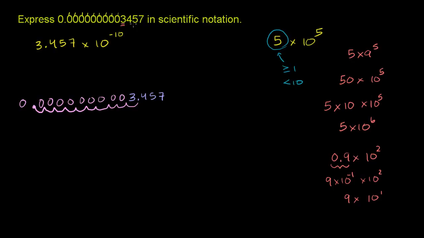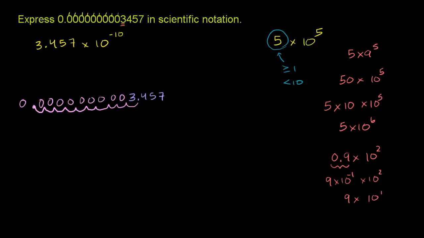And you get exactly what we got up there. Another way to think about it is if you wanted to start with this really small number, and you wanted to get to 3.457, you could multiply it by 10 to the 10th, right? That would shift this decimal 10 spaces to the right.